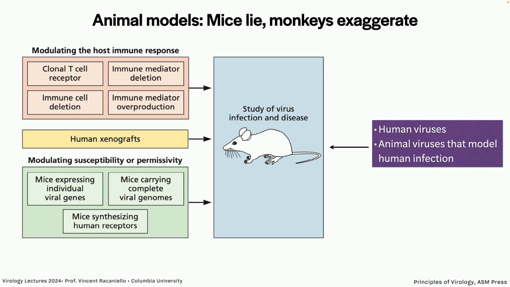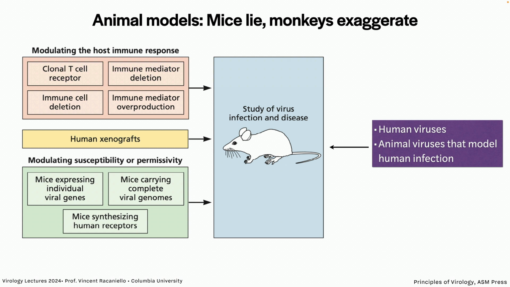These are really artificial circumstances, but sometimes we have to do that. All right, then we can put human tissues into mice. It's human xenografts. You can put liver in, you can put bone marrow and so forth, and make humanized mice so that now those cells can be infected with viruses.